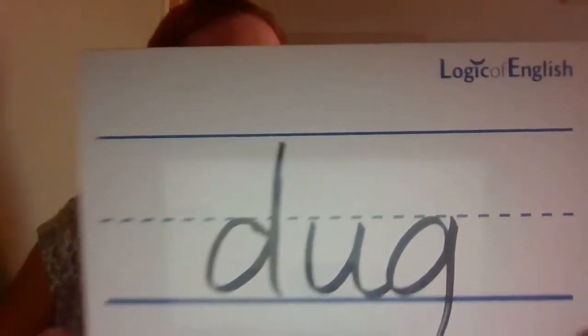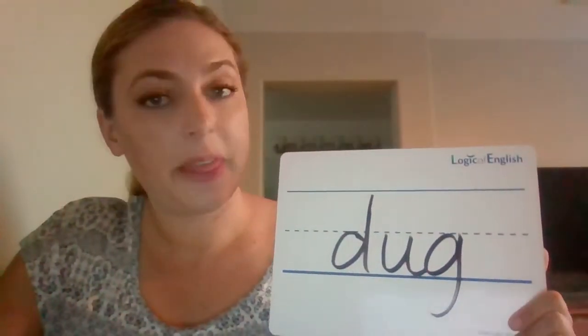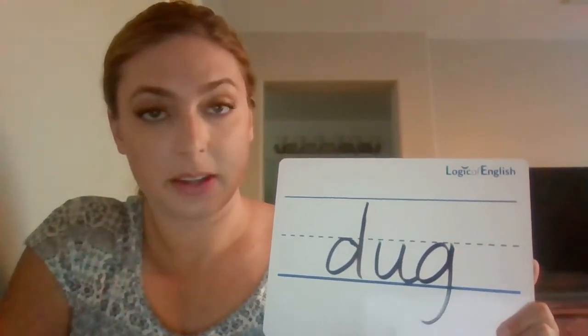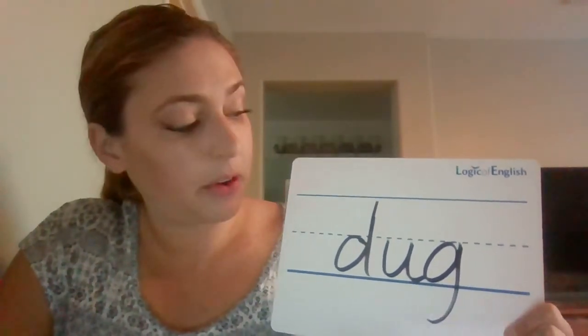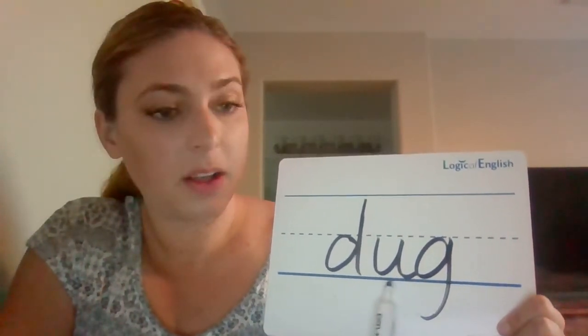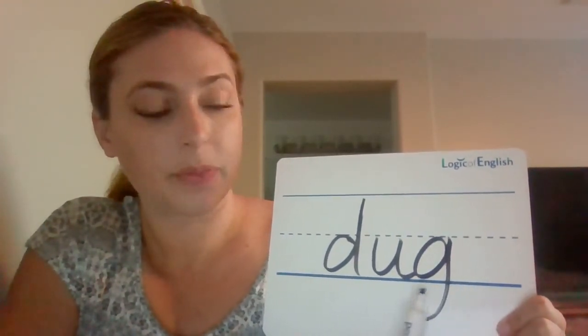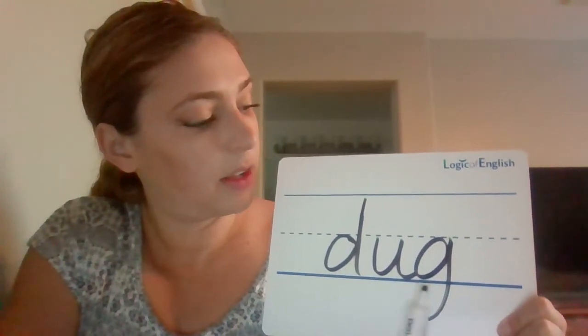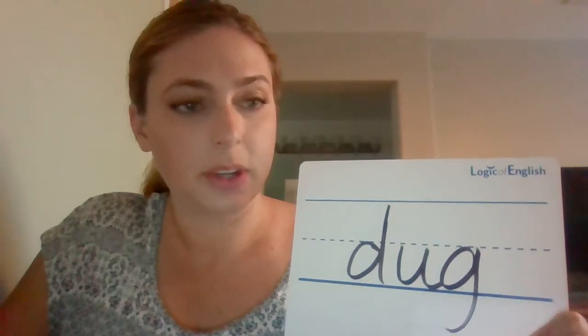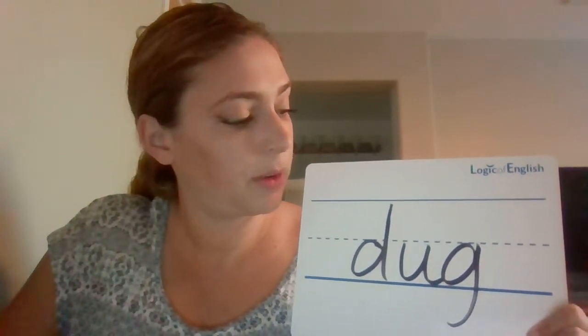And before we write it, we say the word, then segment it. Our word is dug. Let's segment it together. What are the sounds each letter makes? D, g. D, g. Dug. Good. I'm going to erase it.